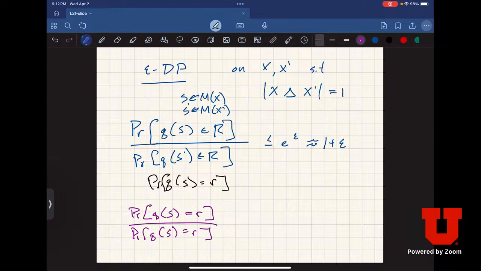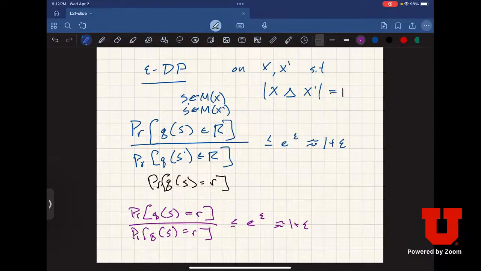If it's true for every value R, then if I add them up, it'll satisfy the property over the range. If this ratio holds for every little value r, then it'll hold for all the little values r inside this range. Think of a cumulative density function versus the probability distribution evaluated at a single point. That's the distinction here.